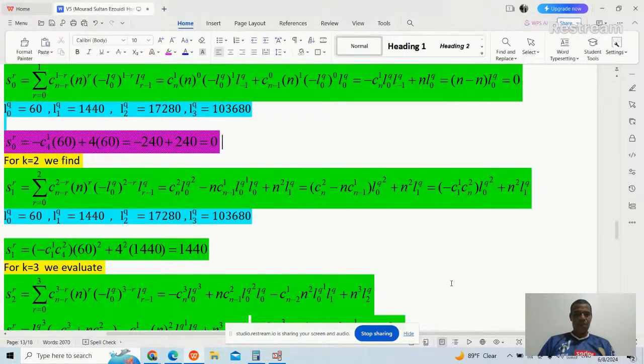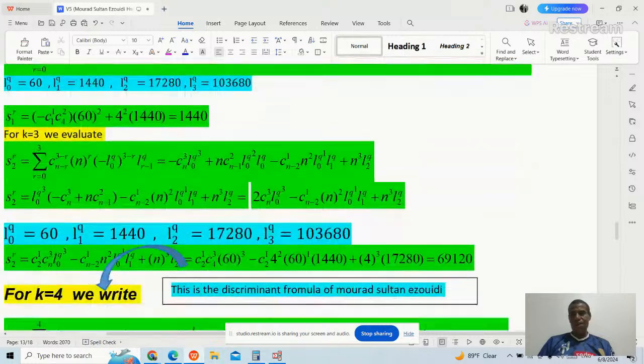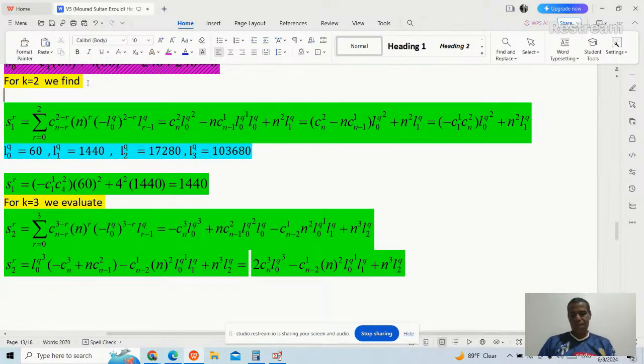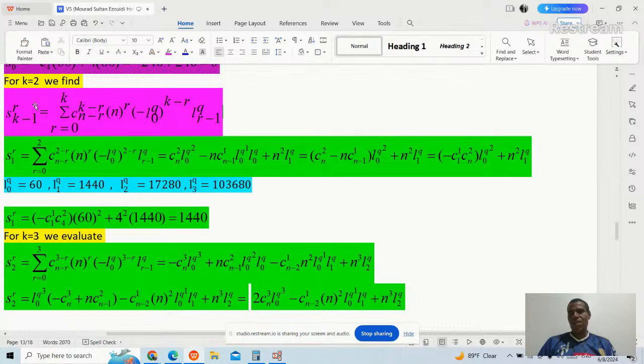Therefore, now I'm going to put k equal 2 to find the value of S1. Therefore, learners, you can see here, when k equals 2, I will try to find the value of S1. This is the formula, learners.